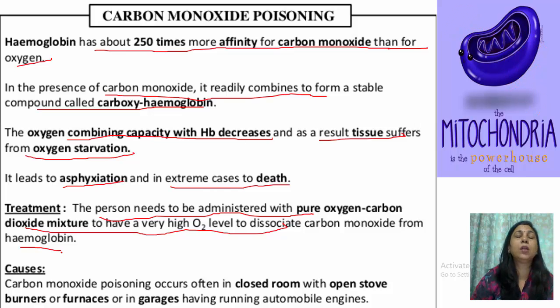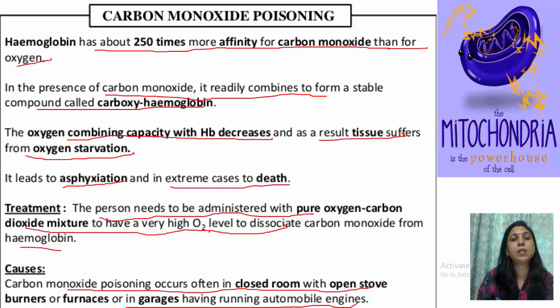And what are the causes of this carbon monoxide poisoning? Carbon monoxide poisoning occurs often in closed rooms with open stove burners or furnaces, or in garages having running automobile engines. It means if you are sleeping in a closed room and there are open stove burners, or in hills you have seen fireplaces, and if something is burning in the presence of oxygen, carbon dioxide is produced.